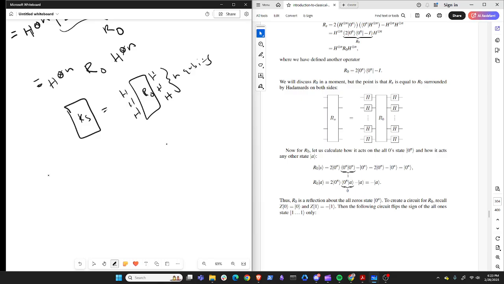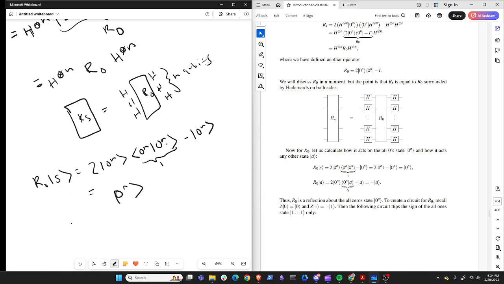If it operates on the all 0 state, the inner product of 0 n with all zeros, minus the all 0 state, this winds up equaling the state all zeros.